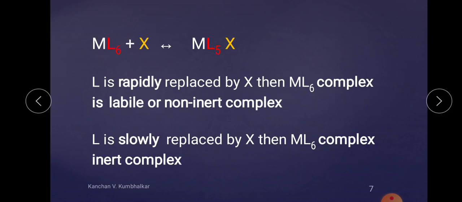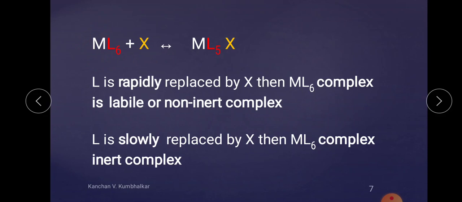Make it simple: if it is easy to replace at high speed, it is known as labile or non-inert complex. If the complex is not ready to give a substitution reaction, or the rate of substitution is very slow, then it is counted as an inert complex.